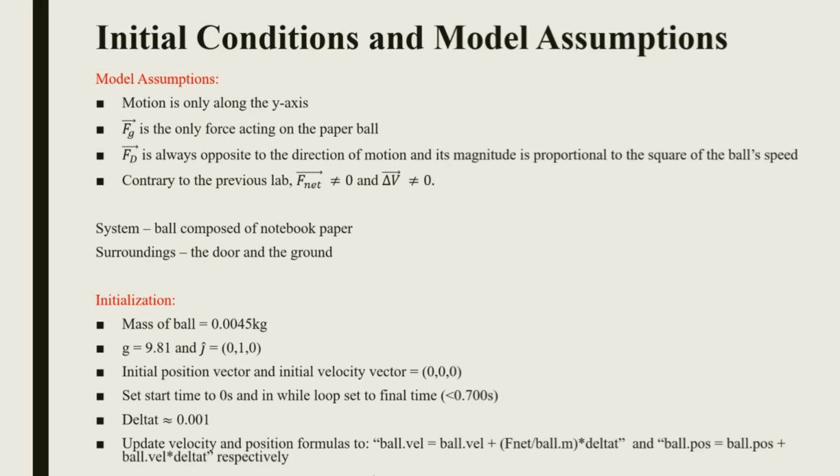And the acceleration due to gravity was set at 9.81, and j-hat was set at 0, 1, 0. Initial position vector and velocity vector were set at 0 because the ball started at rest, and the start time was 0 seconds, and the while loop was set to less than the final time, which was 0.700 seconds.